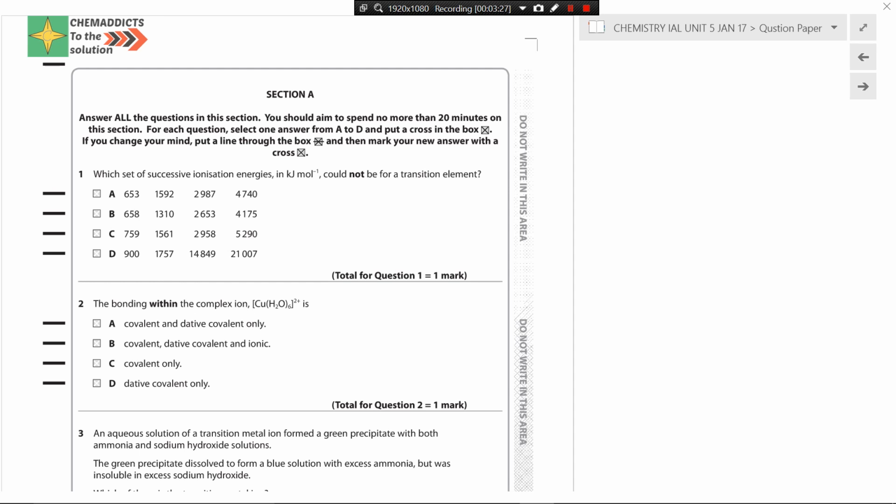So we will discuss each question with the concepts in detail, all the possible concepts that are related to the question.